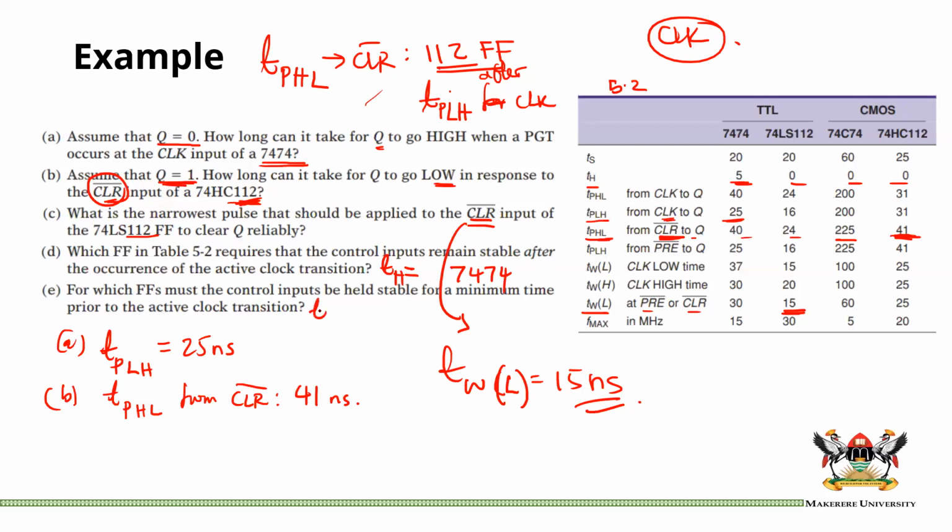This is TS, okay? This is the holding stable for a minimum time before. Prior is before. That is TS. So all have a holding, all have a setup time, as you can see.